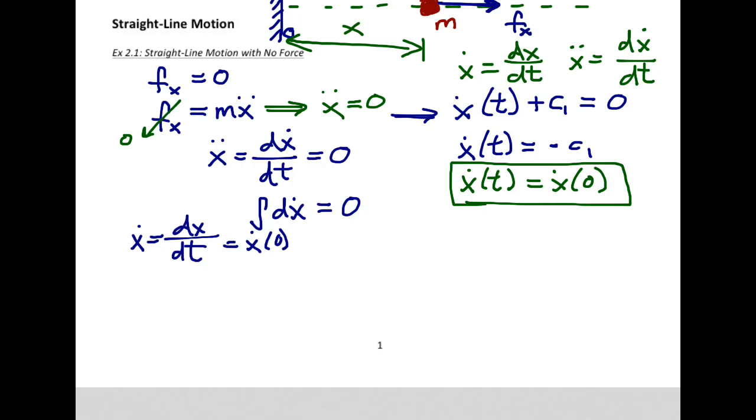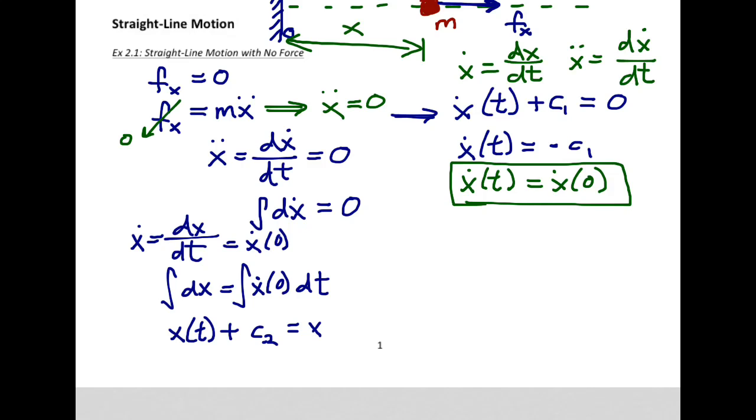And so we want to rearrange this. If we rearrange it, we get dx is equal to x dot of our initial condition, times dt. We want to integrate both sides of this. When we integrate both sides, we'll get x of t plus an integration constant, c2, we'll call this. And this is going to be equal to, when we integrate the right-hand side, x dot at time 0 multiplied times t.